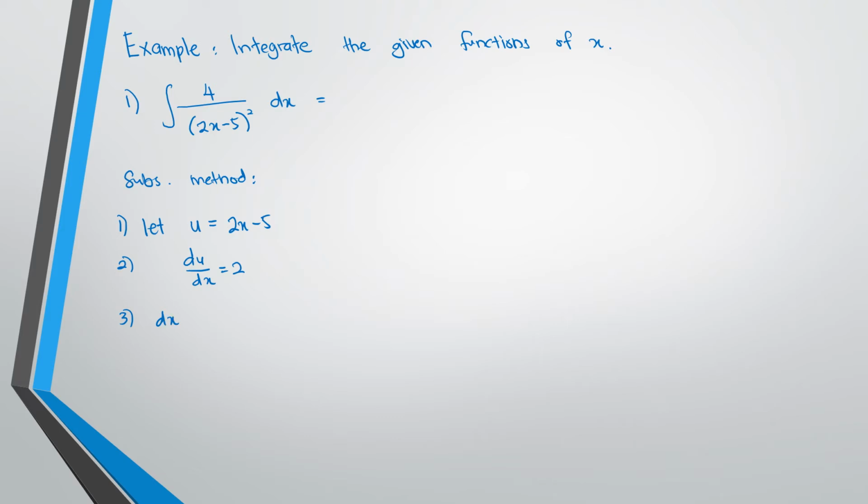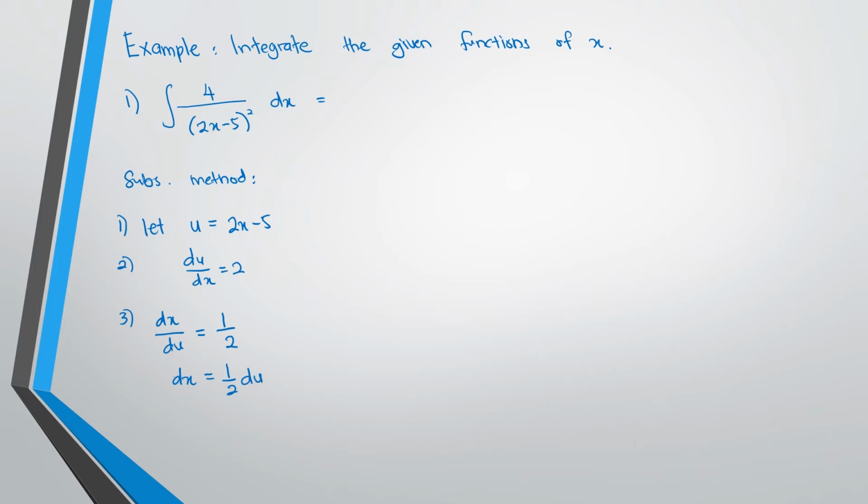Since you are given du over dx, you want to find dx over du first, so you have to inverse the equation, so you get 1/2. We want dx only, so du moves to the other side, so you get dx = 1/2 du.